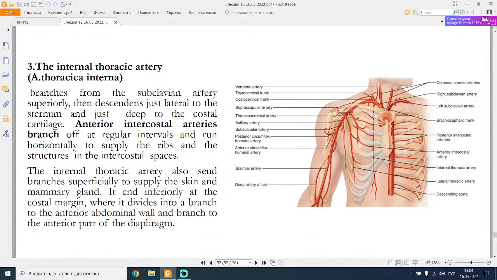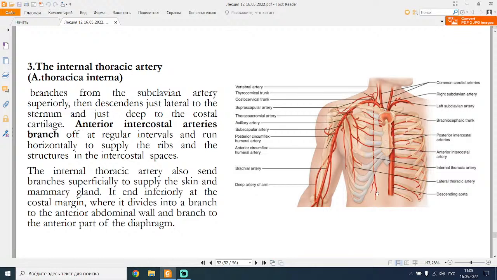Next, the internal thoracic artery, arteria thoracica interna. It branches from the subclavian artery superiorly, then descends just lateral to the sternum and just deep to the costal cartilage.